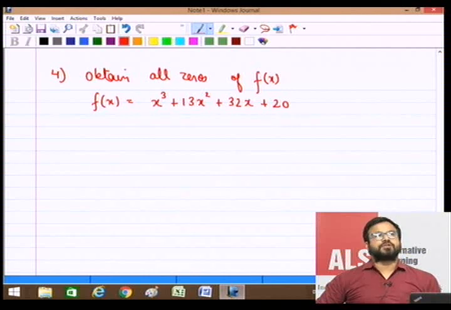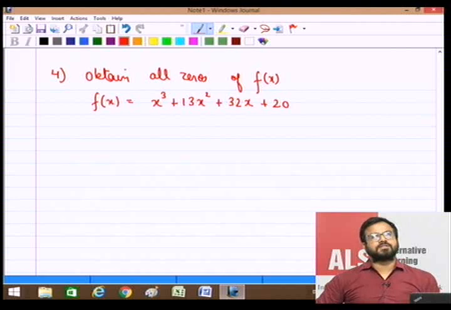Three zeros will be there, Kohima. Your answer is one of the zeros, that is correct. Find the other two zeros also.